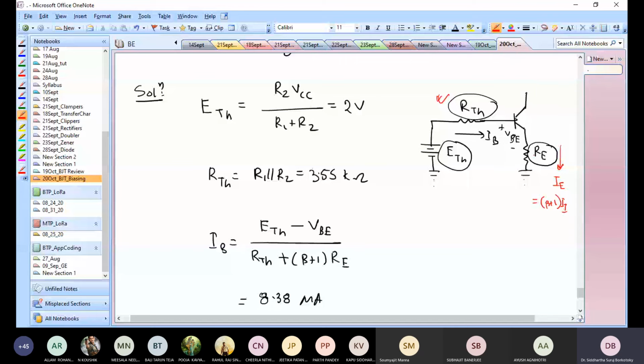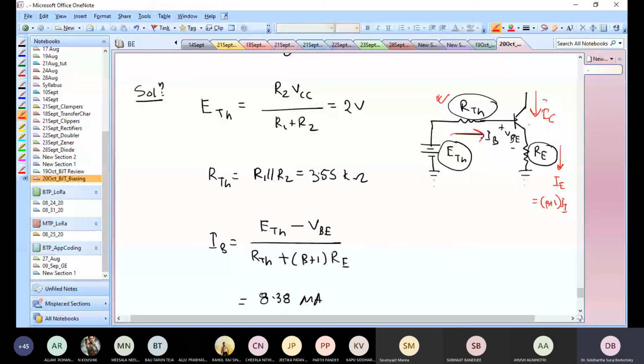Now here, that is the tricky part, because we often tend to think from our typical analysis that if current IB is flowing here, then the same IB would be flowing here. We tend to draw these loops, right? But what is actually happening is that we are just looking at a part of the circuit. So you have IB flowing through R Thevenin, but on the other hand, there is some IC also coming into this VBE point.